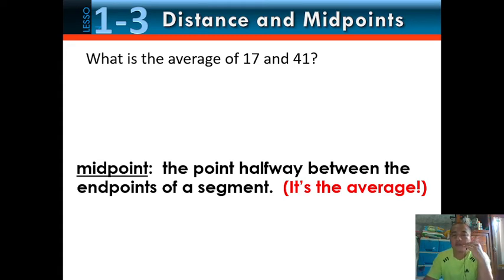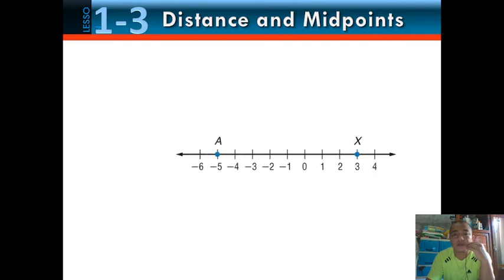The midpoint halfway between the endpoints of a segment is the average. 17 plus 41 is 58. Divided by 2. So the average of 17 and 41 is 29. So average is just synonymous to midpoint.